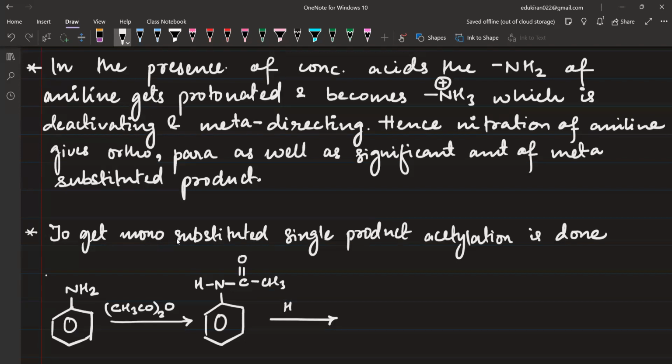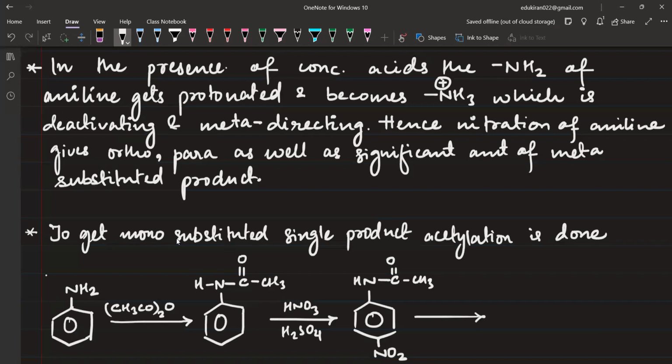After that, you add HNO3 and H2SO4. This is going to give you everything as it is. The NH is as it is, the C double bond O CH3 is as it is, but you will get a para substituted NO2 group. Ortho substitution cannot take place because we have a hindered group here.